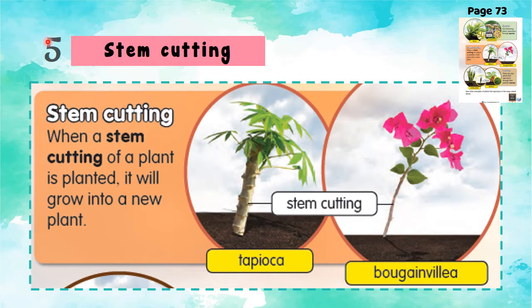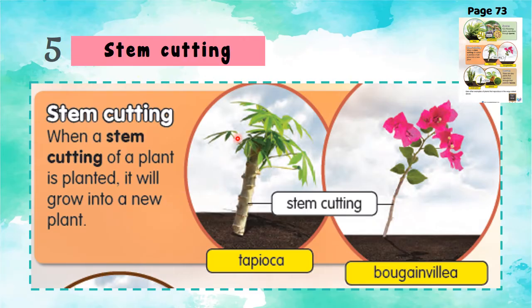Ways of reproduction number 5 is stem cutting. Stem cutting adalah keratan batang. When a stem cutting of a plant is planted, it will grow into a new plant.